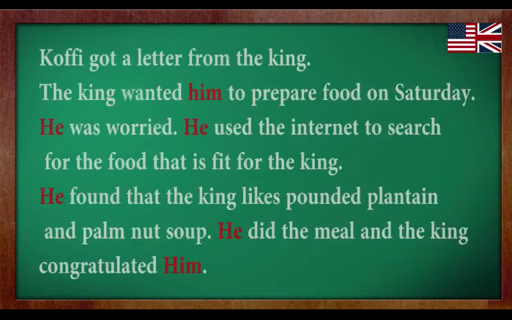So, the answers are, for the first sentence, "Kofi got a letter from the king." You will say, "He got a letter from the king." "The king wanted Kofi to prepare food on Saturday." "The king wanted him to prepare food on Saturday."